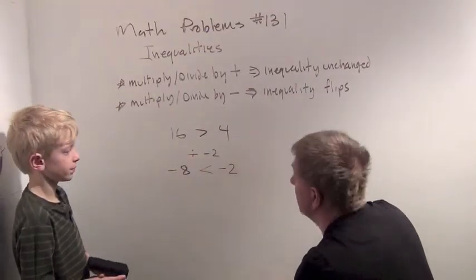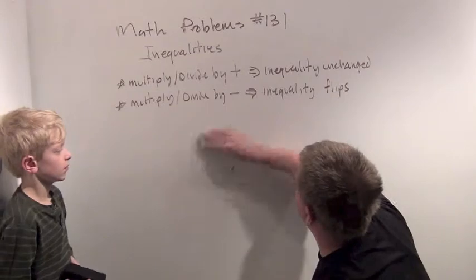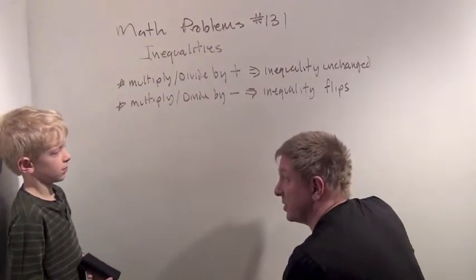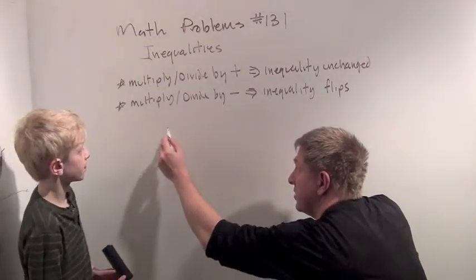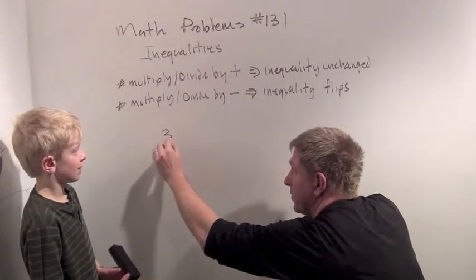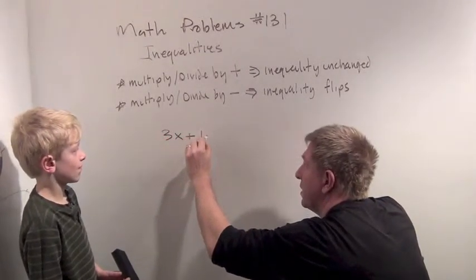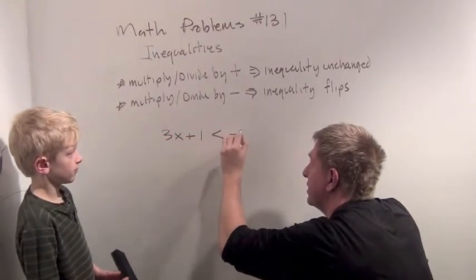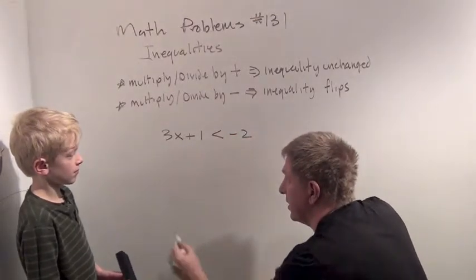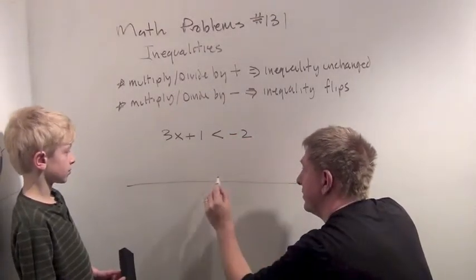From there we went on to graph some inequalities. Let's just pick one: 3x plus 1 is less than minus 2. We're going to graph this on a number line.